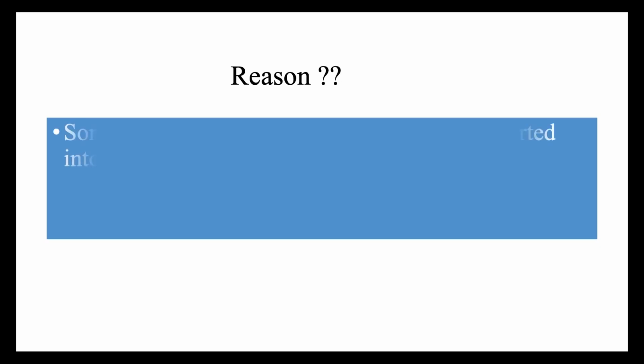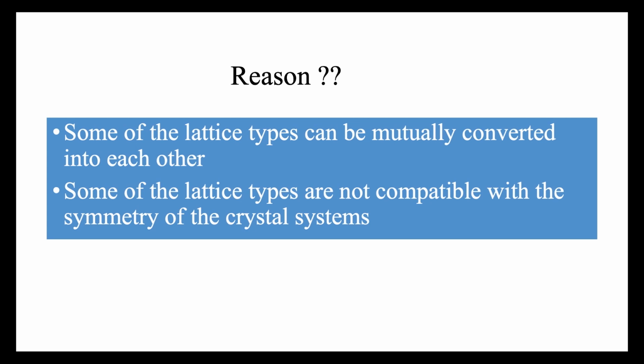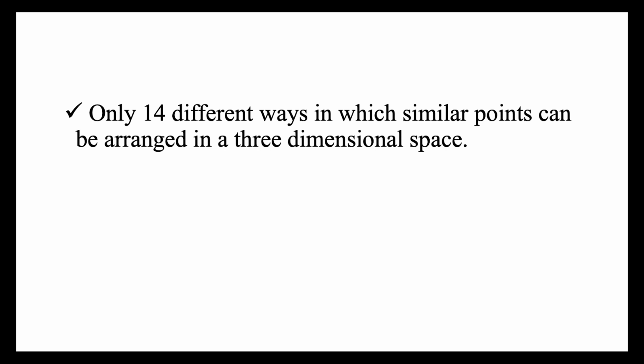This can be explained by considering the symmetry of the lattices. Symmetry considerations show that some of the lattice types can be mutually converted to each other. Therefore, they do not have a unique existence. Also, some of the lattice types are not compatible with the symmetry of the crystal systems. That is, considering the geometry and the symmetry of the lattices, there are only 14 different ways in which you can arrange similar points in 3-dimensional space.